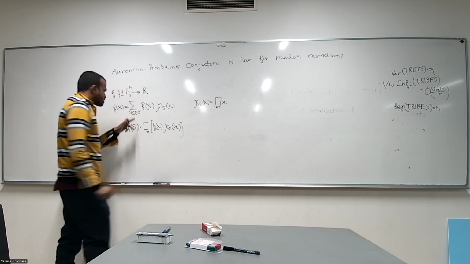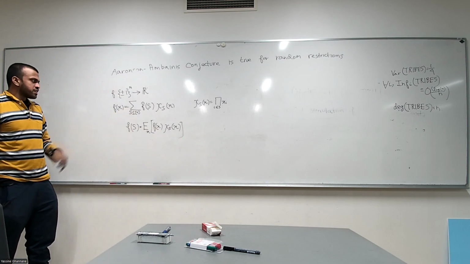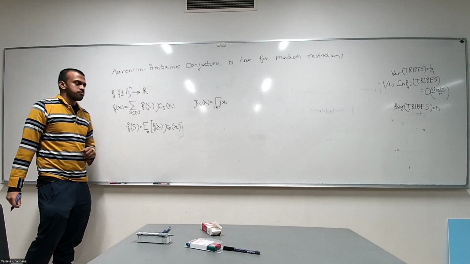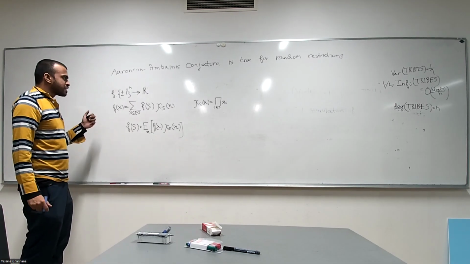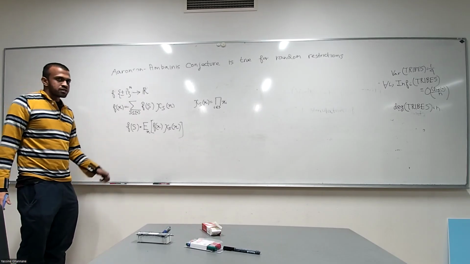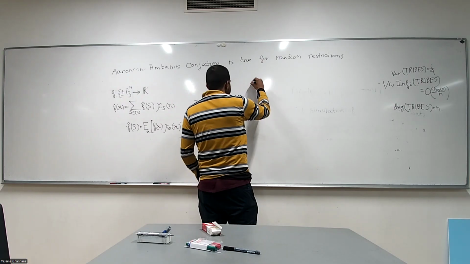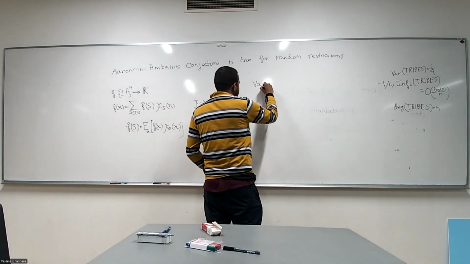Right. So from this expression, it's clear that the degree of f is the largest |S| such that the corresponding Fourier coefficient is non-zero. And we can also get nice expressions for variance and influence from this Fourier expression. So let's write down the expression for variance. And this is Parseval's theorem, more or less.